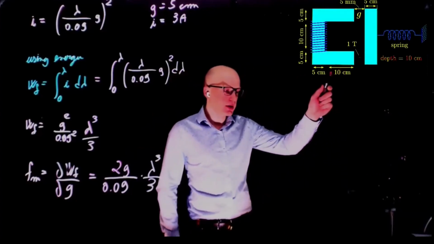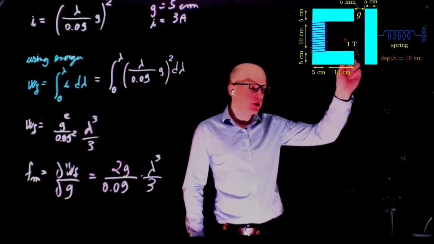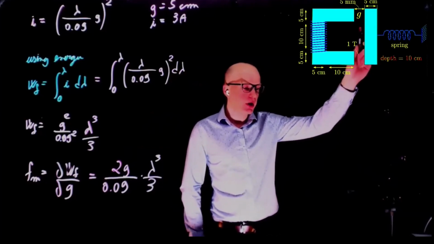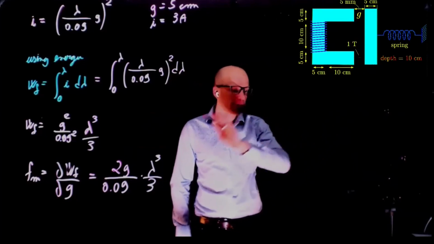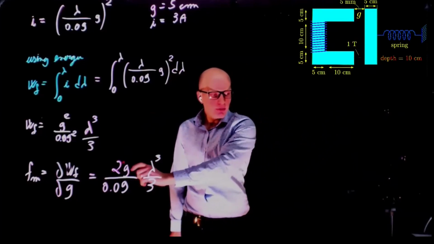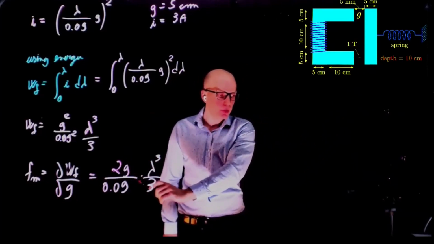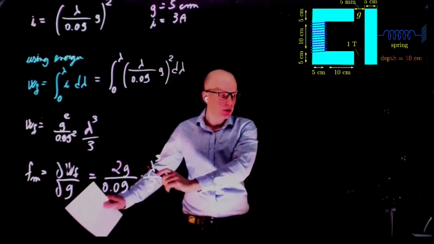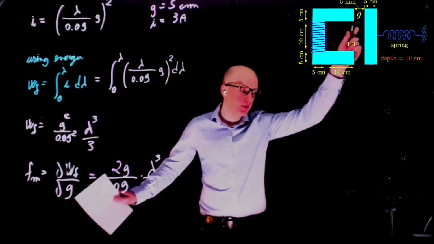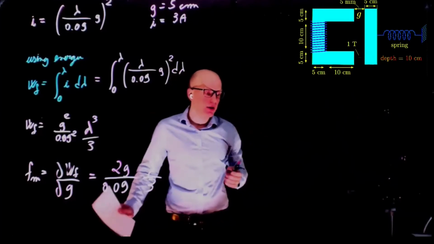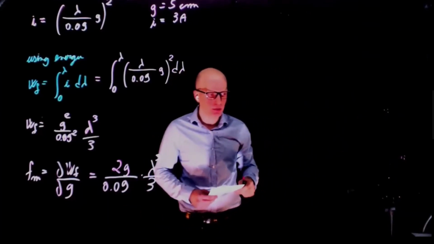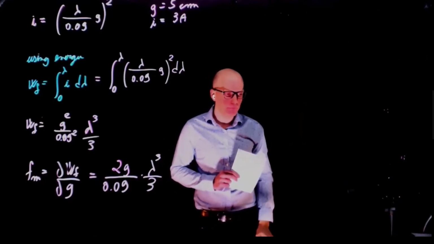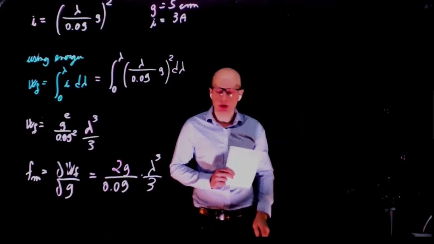If you take this example here, the only thing that is changing in the core is G. So if you take the field energy and take the derivative of that with respect to the moving variable, which is G (we called that X before, it's G now, the air gap), then that gives the force developed in the system. Shouldn't the, sorry, go ahead. I was going to say the same thing. The denominator would be 0.09 squared, I believe. Yes, squared.